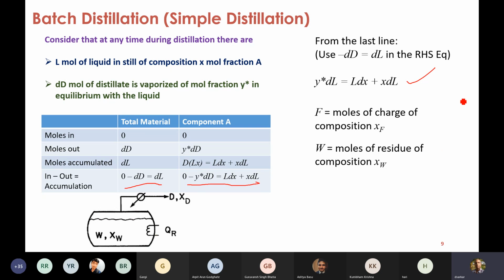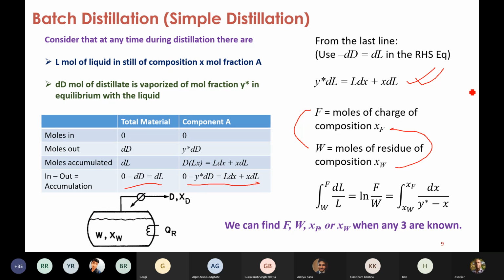So now upon rearranging this equation, you can integrate from W to F and XW to XF. So you basically get this.